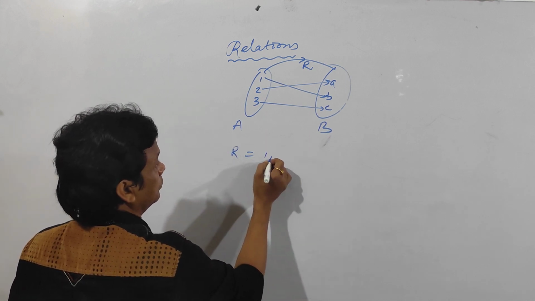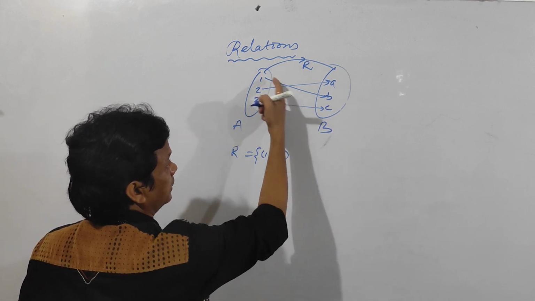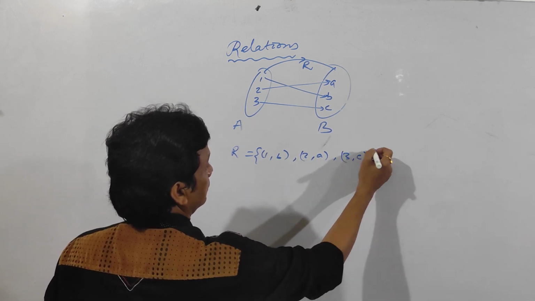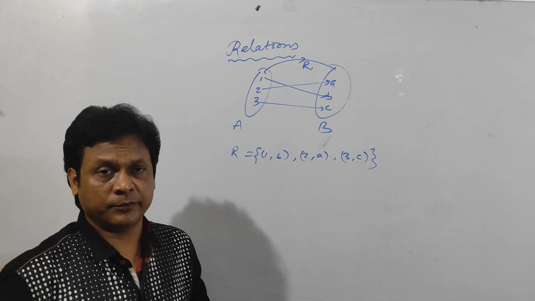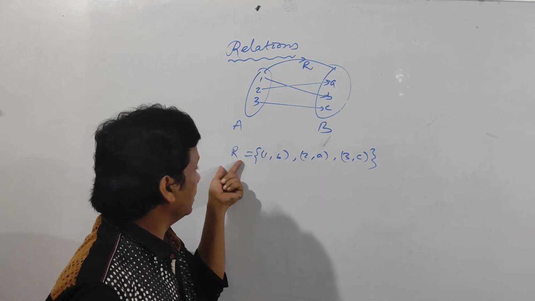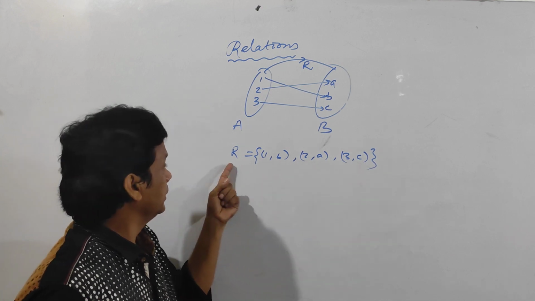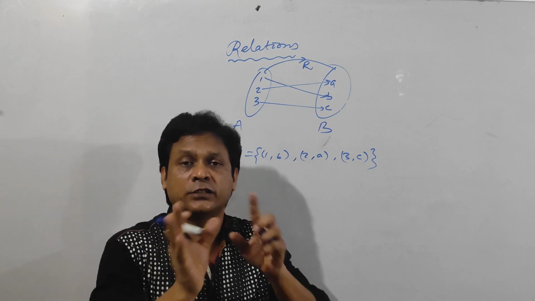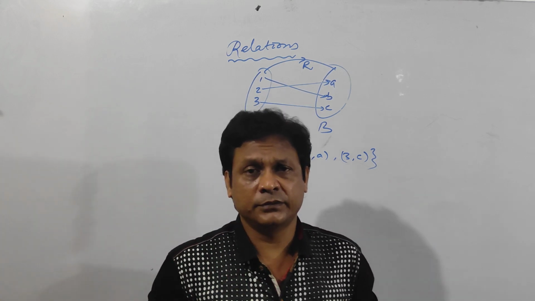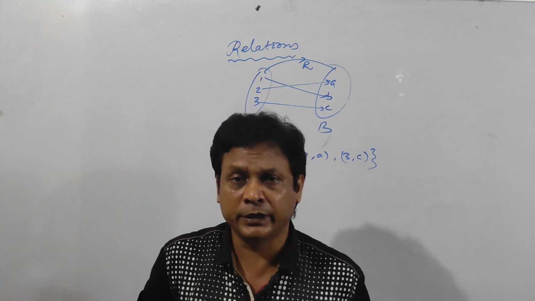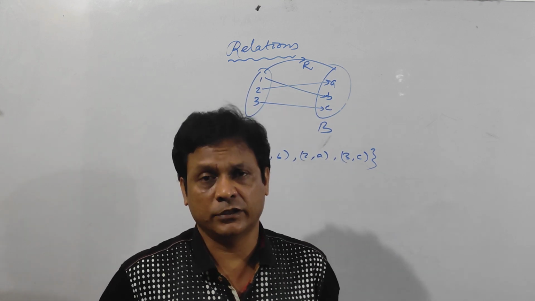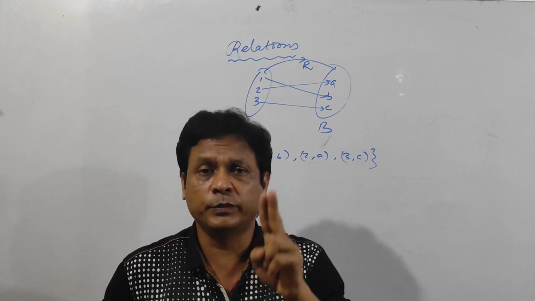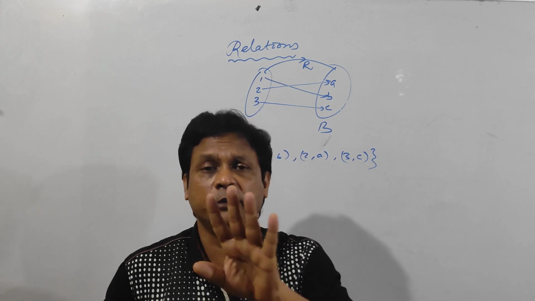Here R is equal to {(1,b), (2,a), (3,c)} because 1 is related to b, and 2 to a and 3 to c. These are the elements of A cross B, but R is a subset of A cross B. So a relation from A to B is nothing but a subset of A cross B. Very simple thing.